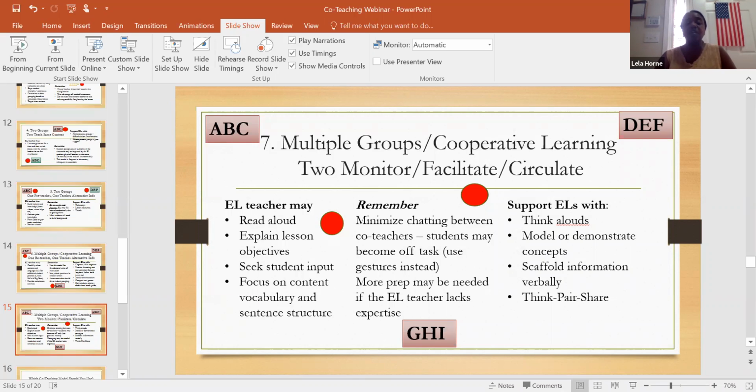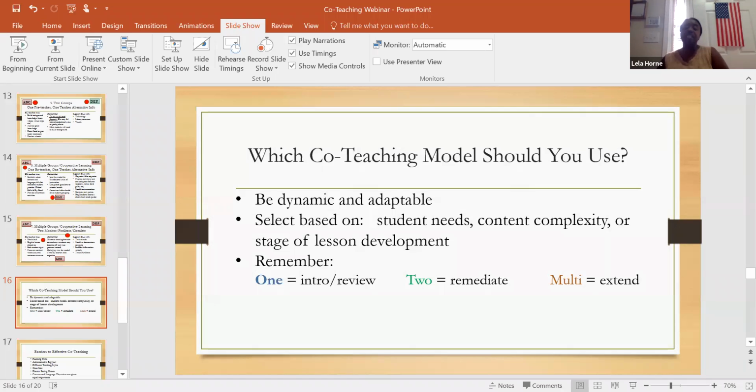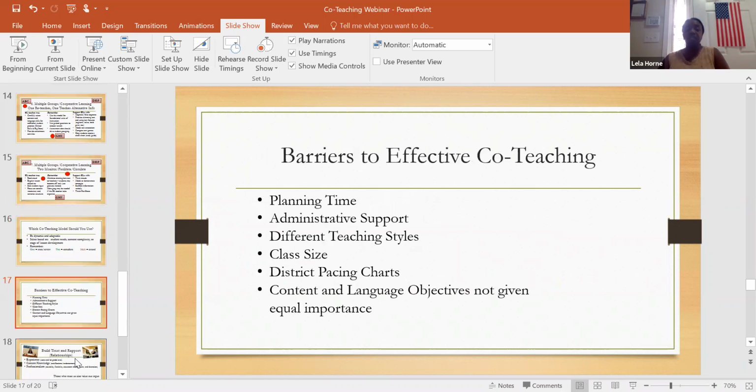Certainly use these models of instruction to help you. You want to be dynamic and adaptable, but you want to make sure that your voice is getting in there, is being heard, that you're doing what needs to be done to facilitate helping your students.